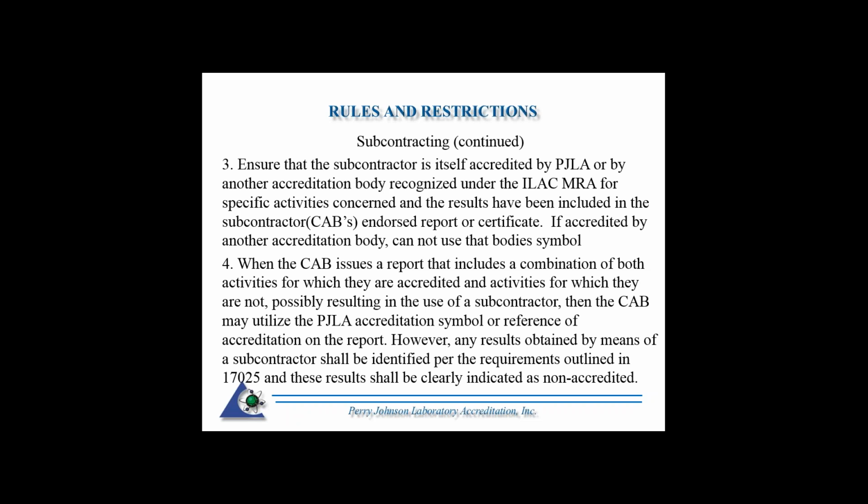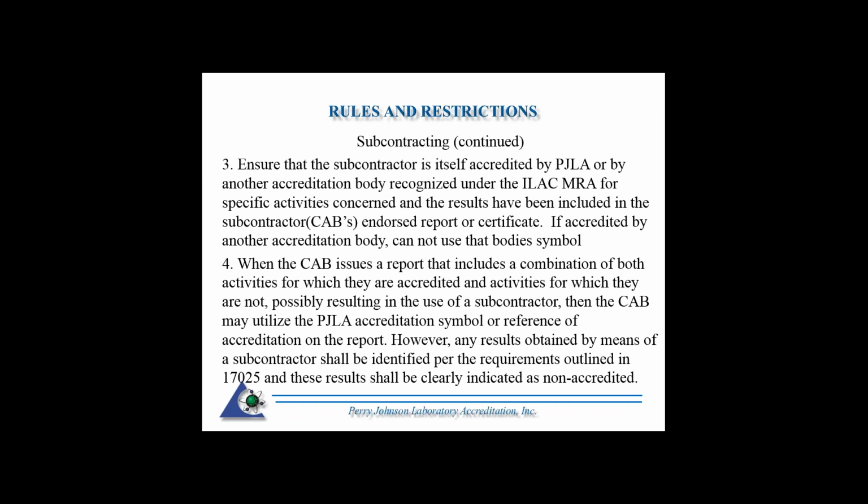If the accreditation by another accrediting body cannot be used, you cannot use that body's symbol. So in other words, if instead of being accredited by PJLA, they are accredited by someone else, no, you cannot take that accrediting body's symbol, that's a major no-no, and put it on your certificate. We would not want to see that done with our symbols as well.